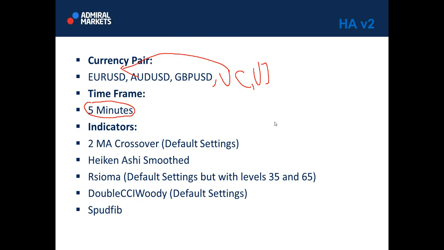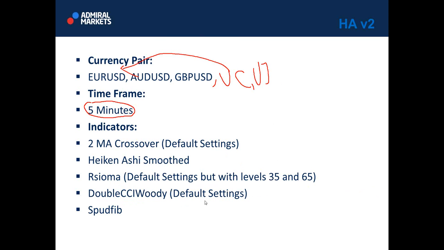Of course, you will get the template for this strategy, in the zip file which I will send you. So we have RSI OMA with default settings but with levels 35 and 65 plotted on the lower part of the chart.